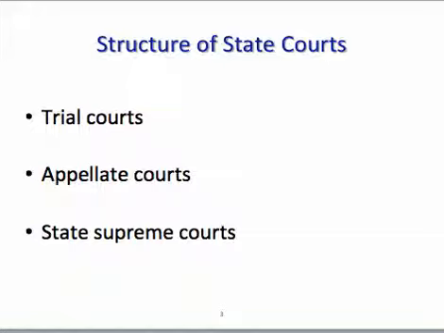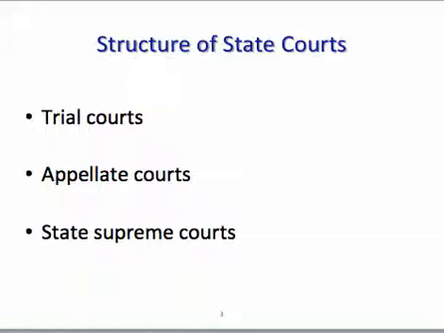The trial courts are where the action happens. They are sometimes called the court of first instance. The appellate courts deal with problems in the way the trial was conducted. It's not the chance for the defendant to get a do-over.